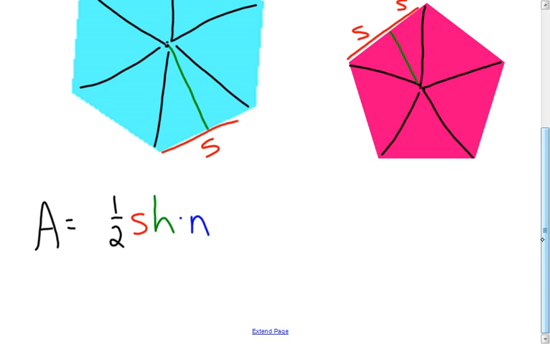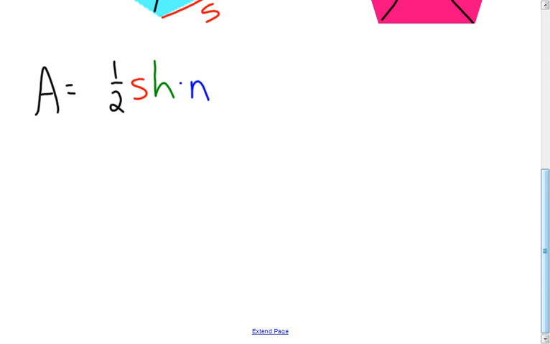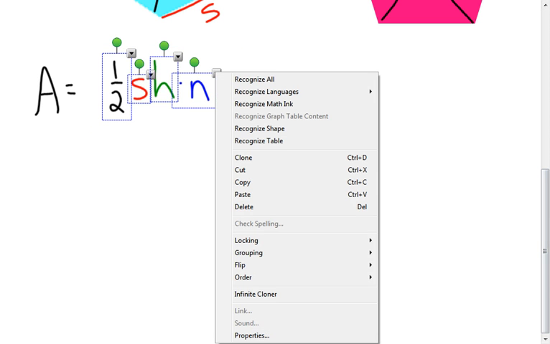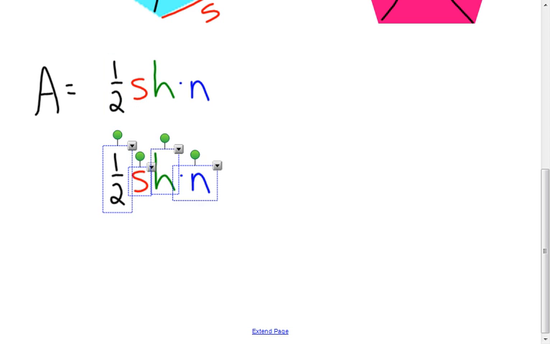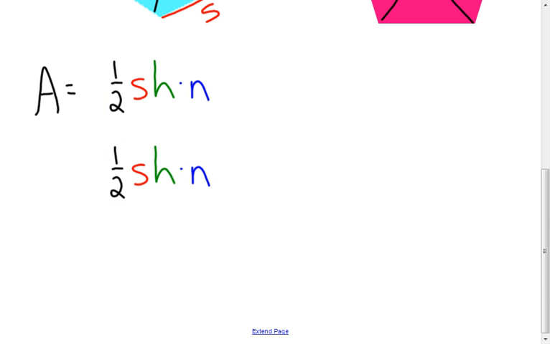Now I'm going to manipulate this a little bit. We don't want to use that as our formula. You could, but let's not do that. So I'm going to take all of this, clone it, and bring it down. So there's my formula, but now I'm going to change the order, because it doesn't matter what order I multiply in. I'm going to take the side length and the number of sides and multiply those together.